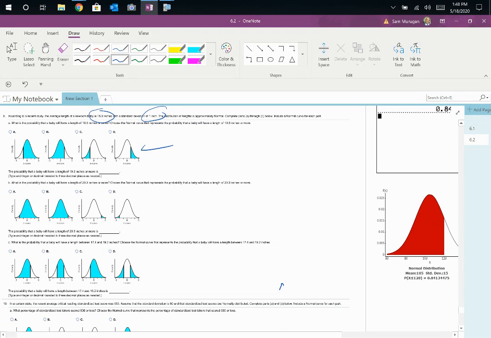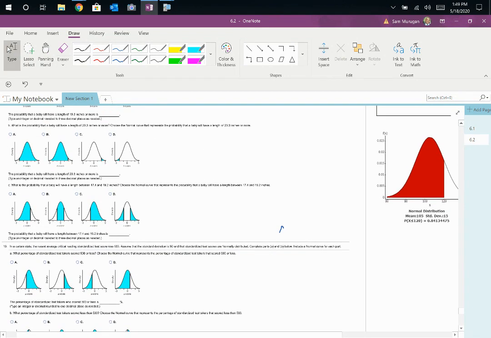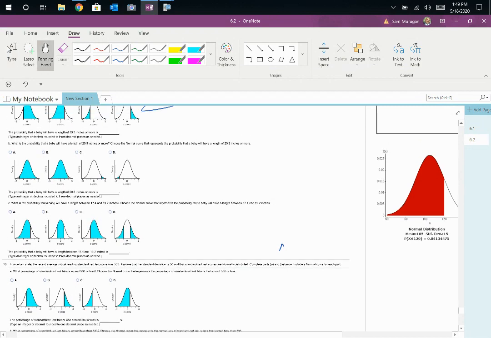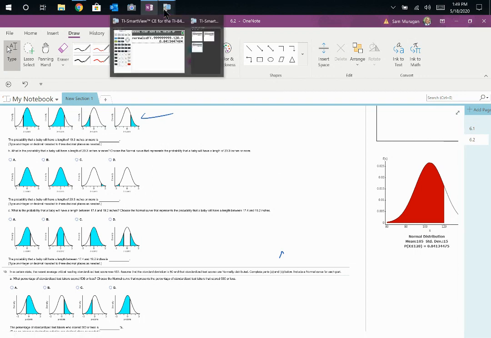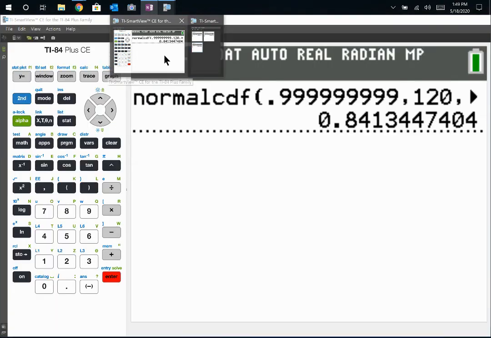We can use StatCrunch, or we can use a calculator. Let's do the calculator for this one. No, we're going to go ahead and use the StatCrunch program.